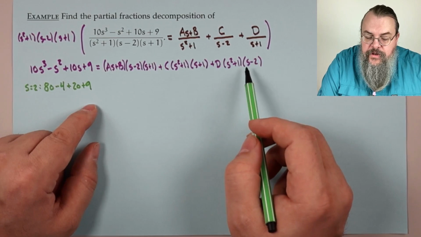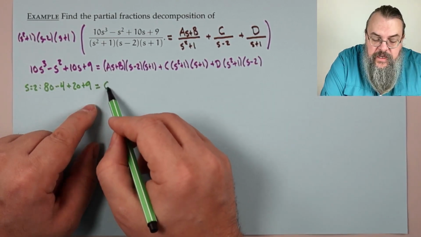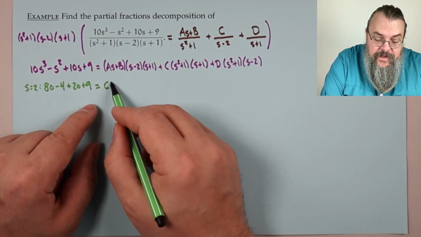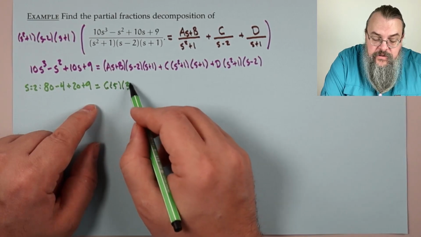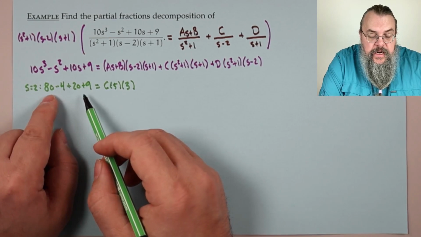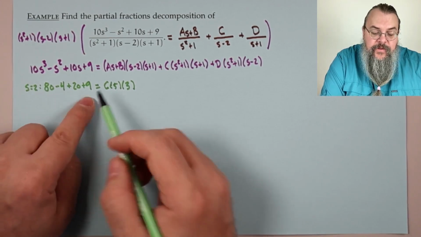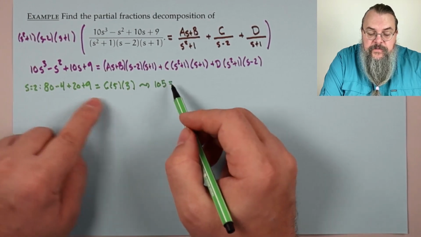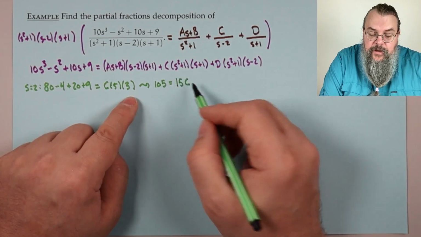Great, that goes away. So it's only the middle term: c times (2 squared plus 1, that's our 5) times (2 plus 1, which is 3). 80 plus 20 is 100, and then 9 minus 4 makes 5, so that makes 105. And 5 times 3 is 15, so that's 15c.